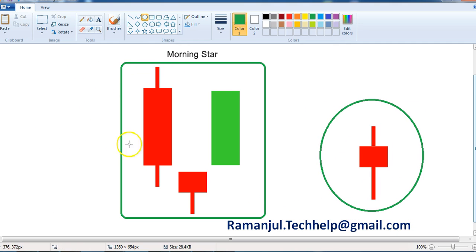So this pattern is very important for us while understanding the market and while trading bearish trends or downtrends. We are going to see the same pattern in a chart also. I will help you understand the same pattern in the chart, so it will be helpful for you.